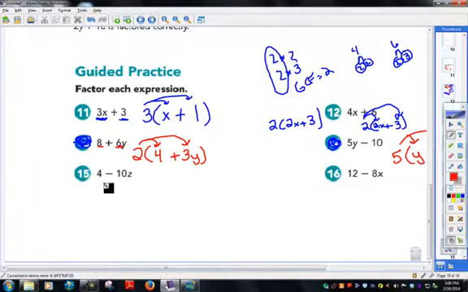I'm sure this was hard at the time, so I can't imagine it being easy now, but at least hopefully you're going, oh, I remember that. Okay, the GCF of these two is 2. What would I multiply 2 times to get back to 4? 2. What would I multiply 2 times to get to 10z? It would be 5z. Okay?